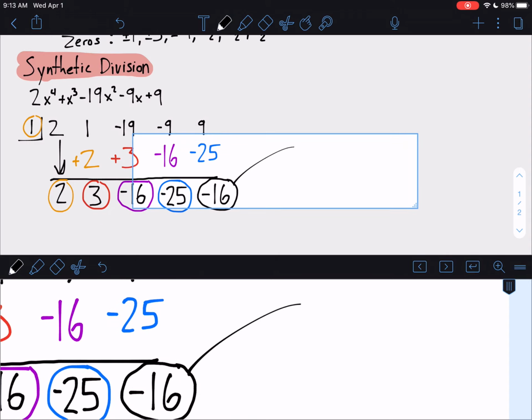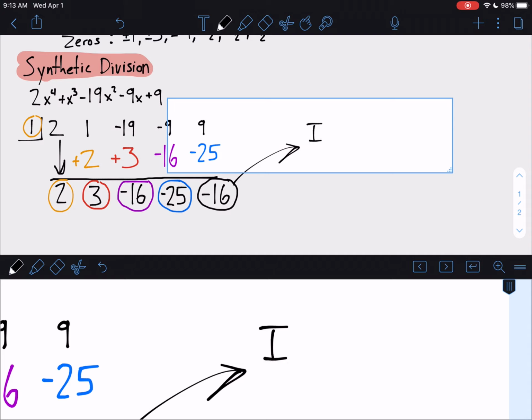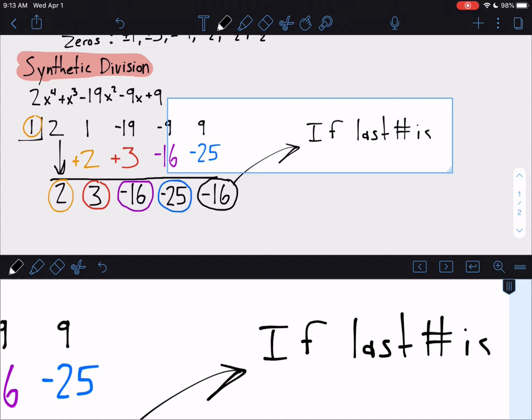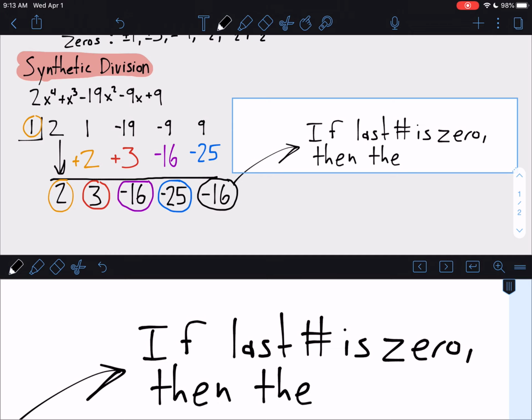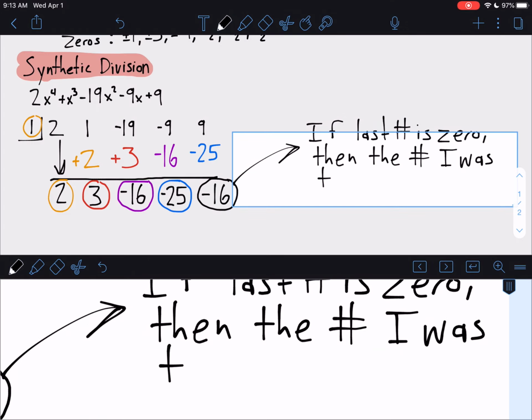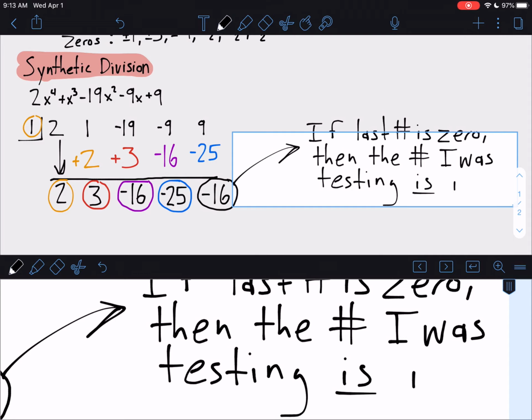because, well, okay. So if the last number, that negative 16 we got there, is 0, so if that last number had been a 0 instead of a negative 16, then the number I was testing here, which was 1, is a 0 of the polynomial.